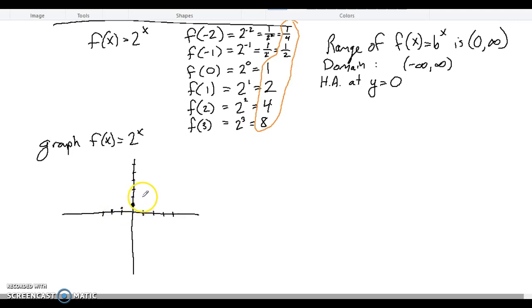But when we went on the positive, we went through 1, 2, 2, 4, and it'll be off my graph, but 3, 8, so somewhere up here. We get a function whose shape looks something like this, with a horizontal asymptote right there along the x-axis.